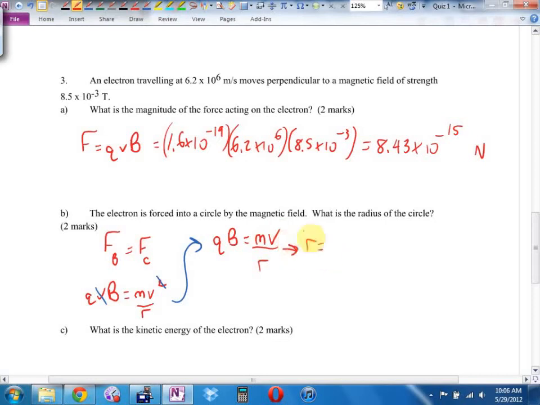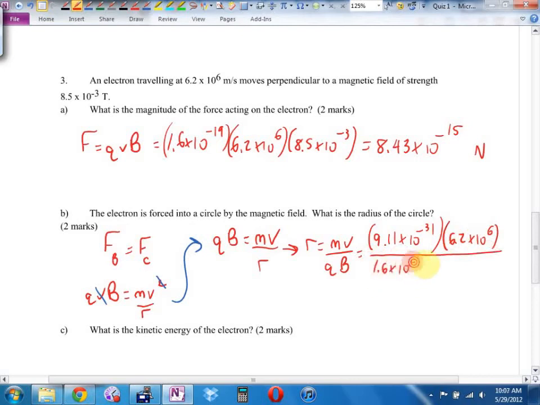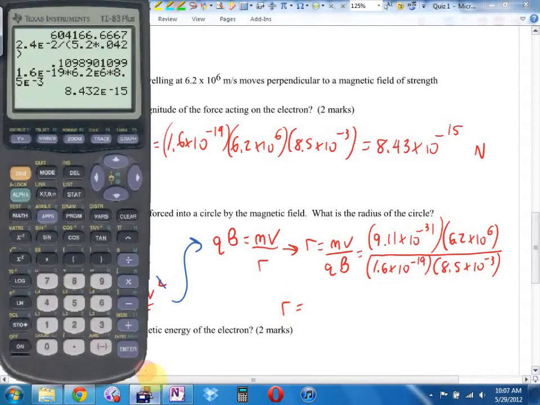R equals mv over QB. Mass of an electron, 9.11 times 10 to the negative 31. Speed, 6.2 times 10 to the 6th. Q, electron, 1.6 times 10 to the negative 19. B, 8.5 times 10 to the negative 3.